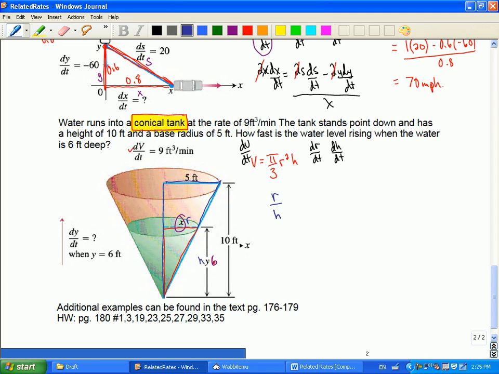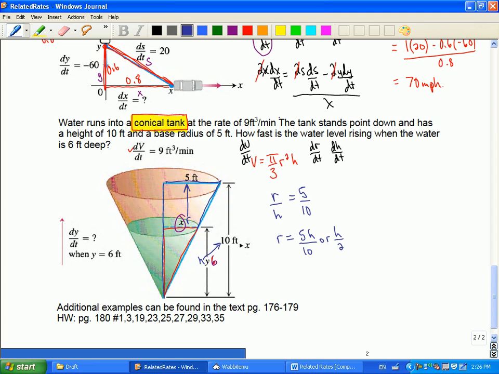The radius divided by the height is equal to 5 divided by 10. Because of those similar triangles, the radius is to 5 as the height is to 10. That means I can rearrange this problem and say the radius is just half of whatever the height is.